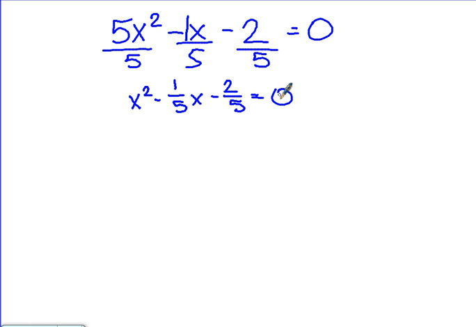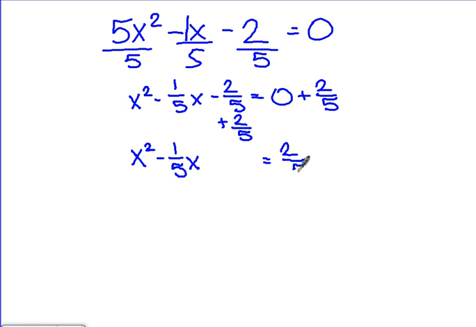We want to get all the x terms on one side and every other term on the other. So I'm going to add 2/5 to the other side of my equation. So now my equation reads x² - 1/5 x = 2/5. Okay, we need to get that last term down there so that we can factor. All right, so we're going to follow our middle term rule.